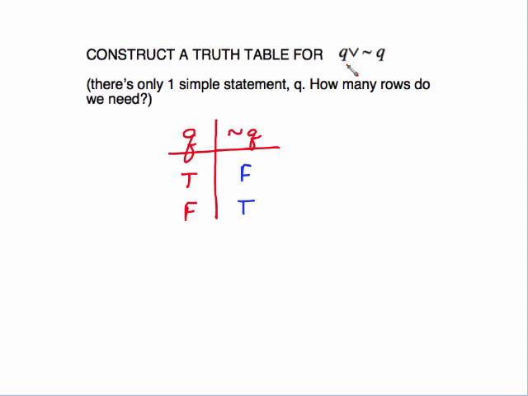This wants me to also do Q or not Q. So I need to extend my chart and look at Q or not Q. So now I'm looking at these two entries under the disjunction truth table columns. True or false will produce a true. False or true produces a true. Remember, the only time an or statement is false is if both of these are false.